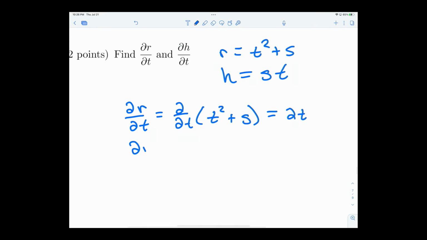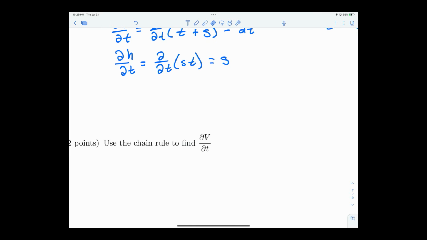Then we have partial of H with respect to T, which is partial with respect to T of ST. And partial of T with respect to T is 1, so this will just be S. Okay.